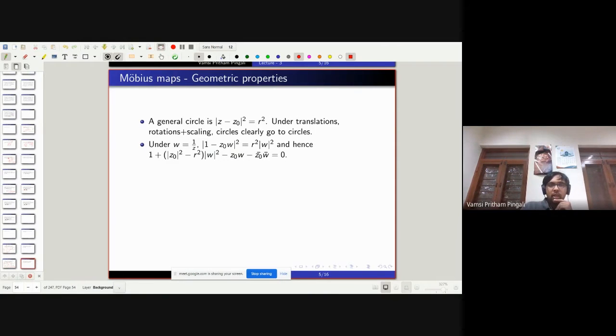So what is this equation? What does it represent? How does one figure out what geometric object this equation corresponds to? So how does one do that?